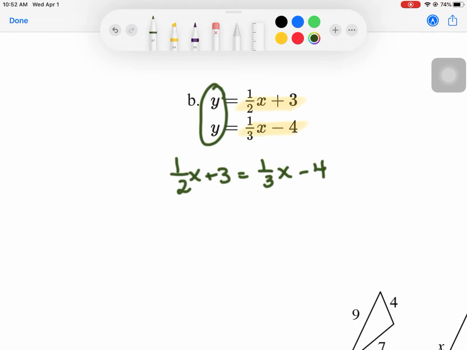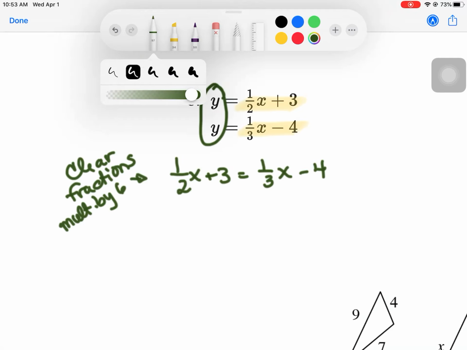Then I think it would be best to clear fractions, and to do that, we'd have to multiply by 6 all the way through. So I multiply here by 6, and here by 6, and here by 6, and here by 6.